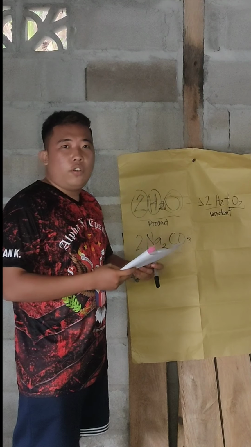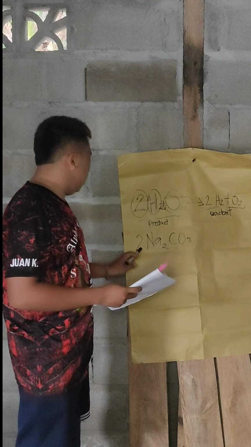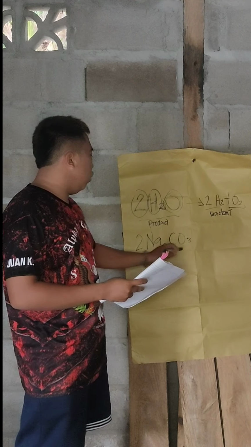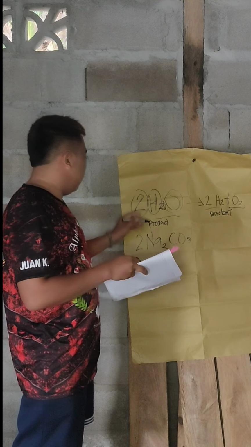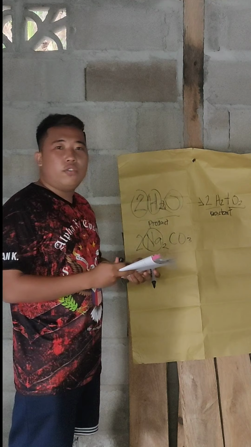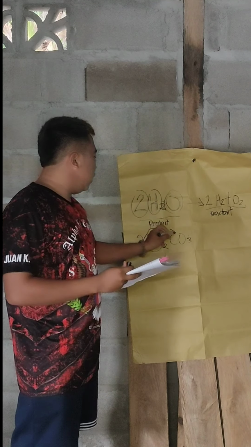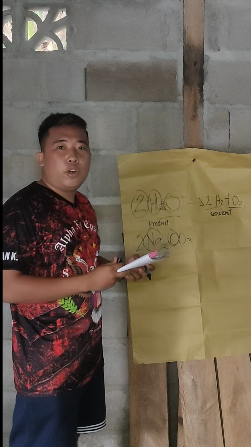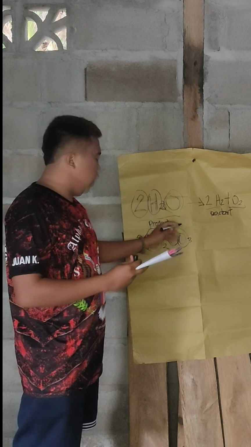Another example of decomposition reaction is 2Na2CO3. Na stands for the element sodium, C stands for carbon, and O stands for oxygen.